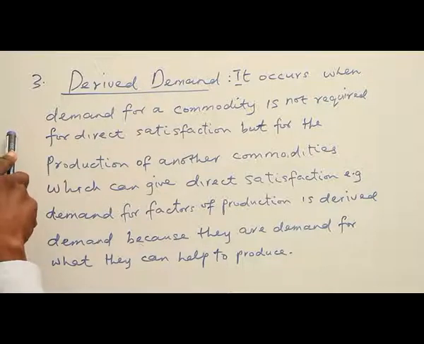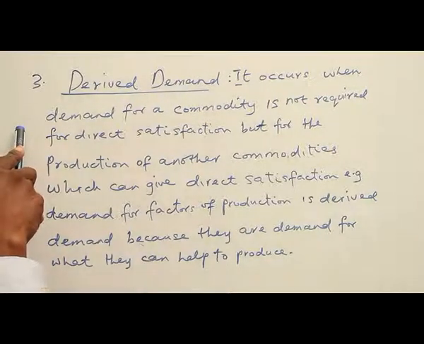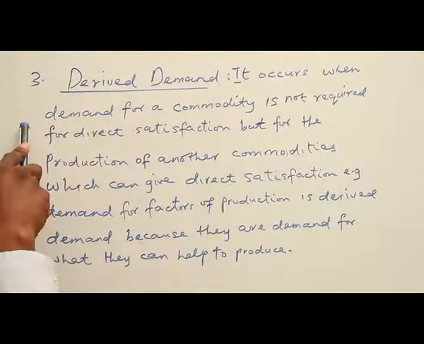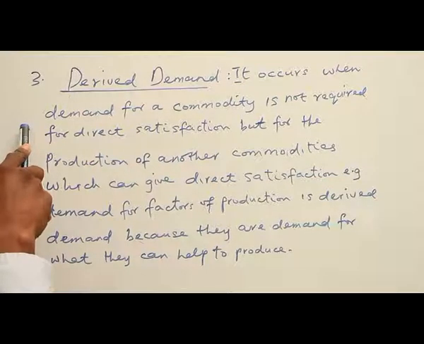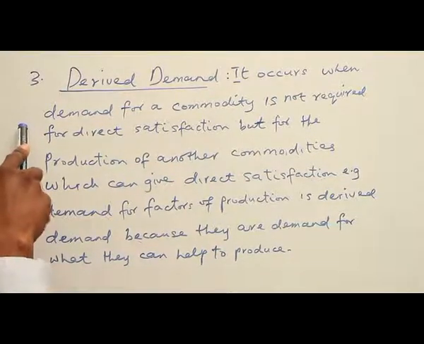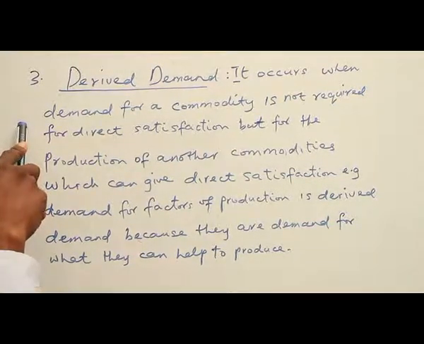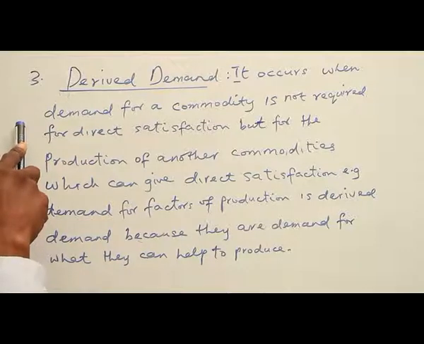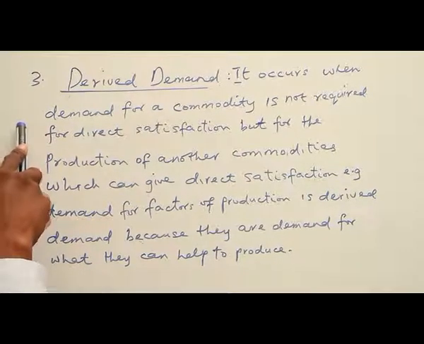Bread will give direct satisfaction, but the flour and other inputs that they use are derived demand, because we don't just need flour for any other thing, but to give us satisfaction, that is production of bread. So we are not demanding flour, but we are demanding bread. So in this case, flour is not a direct satisfaction, but bread is a direct satisfaction.